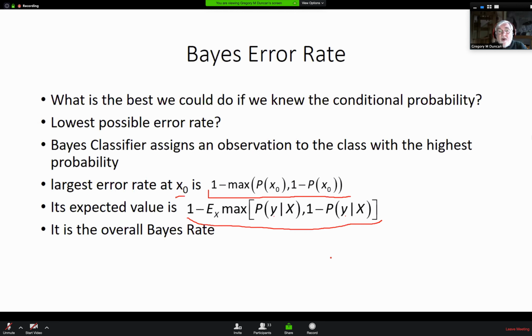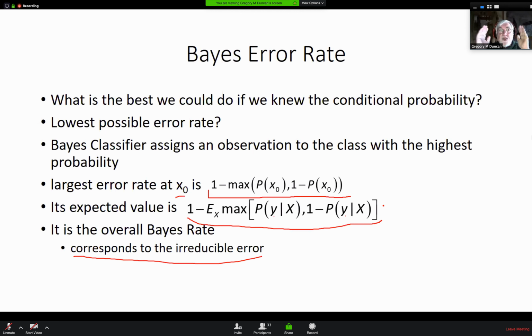Okay, this is the overall Bayes rate, and it corresponds to the irreducible error in the regression. Remember in the regression we had the MSE could be broken up into a bias squared, a variance, and an irreducible error. For classification, this corresponds to the irreducible error.